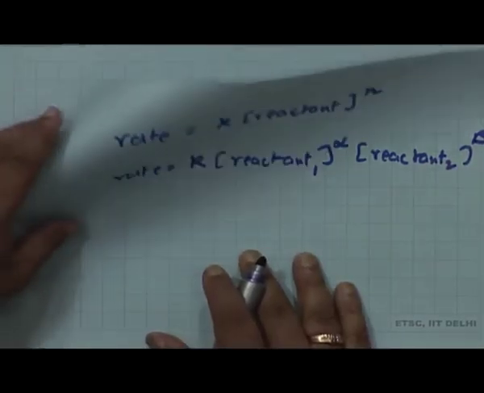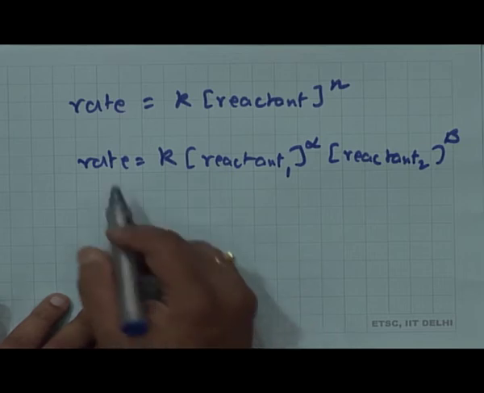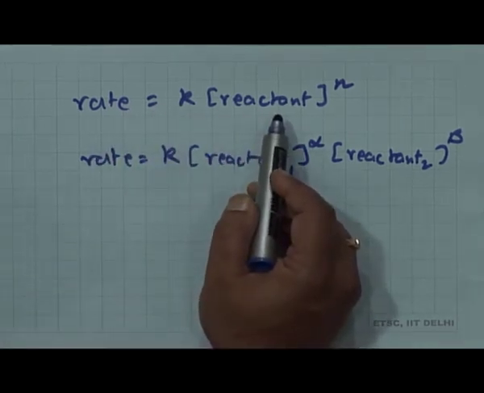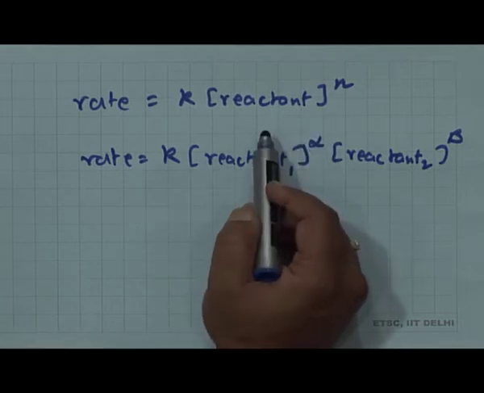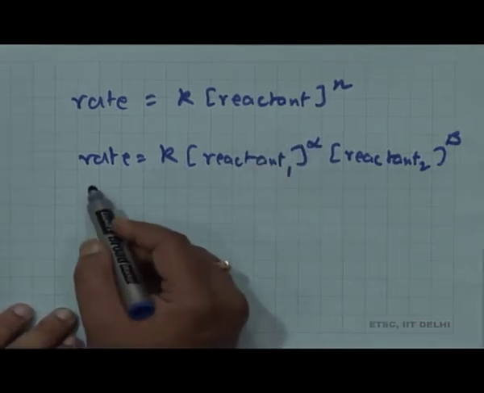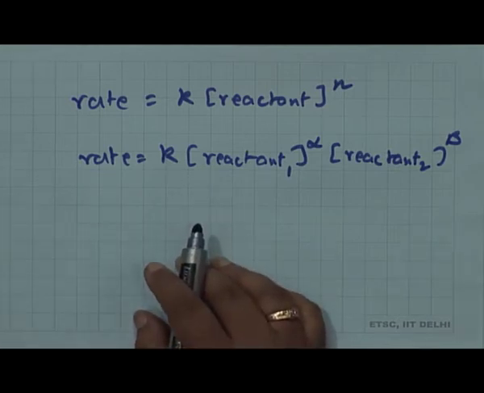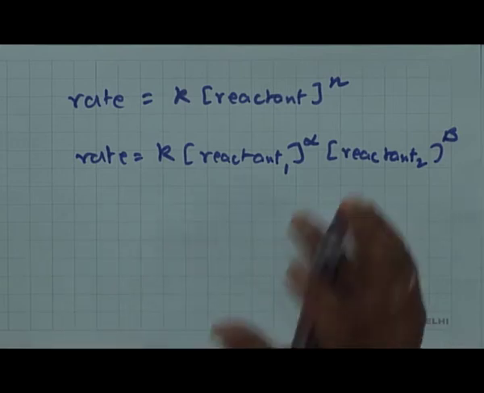In the first case we see the rate is equal to K times one single reactant raised to the power n, the order. In the second case we see rate is equal to K times reactant 1 raised to the power alpha, reactant 2 raised to the power beta, that means there are 2 reactants.